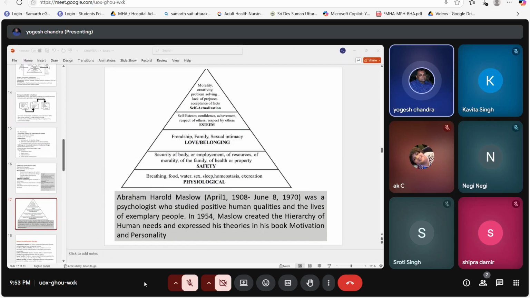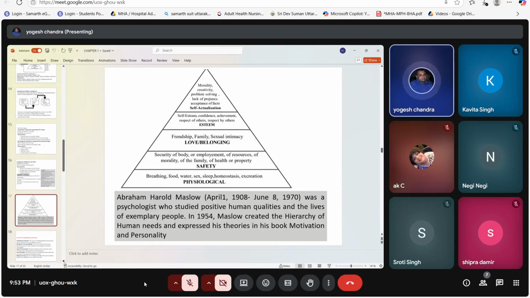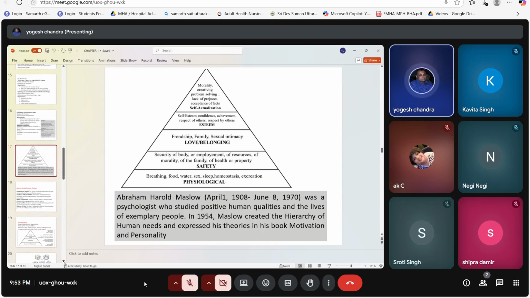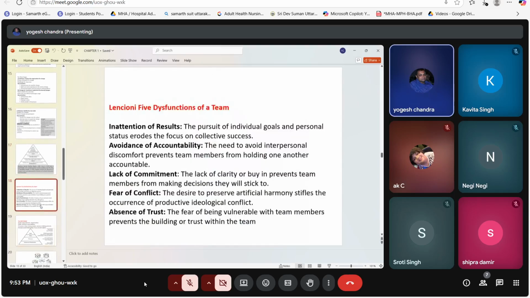You can go through that by yourself, and you can see how it bridges the gaps in this model of Maslow. Okay. So in every model there are critics, and you have to just understand that criticism and do the things.